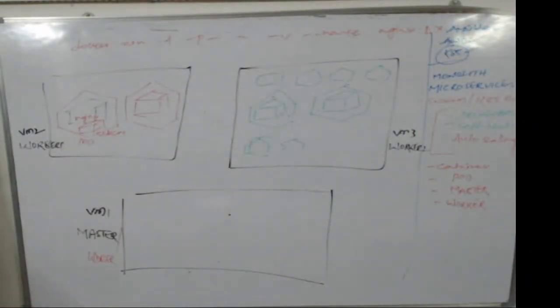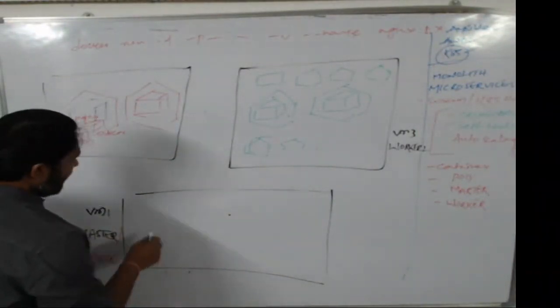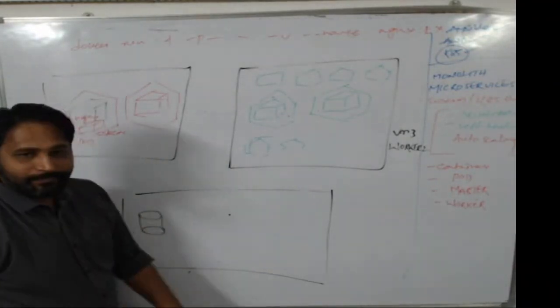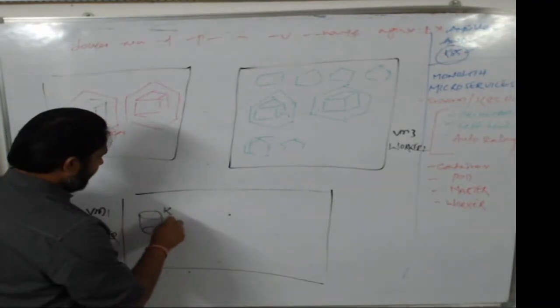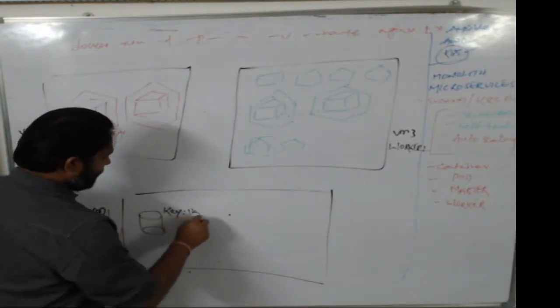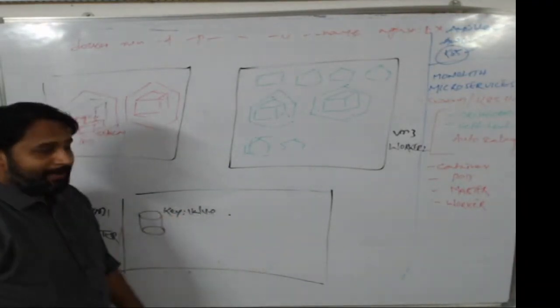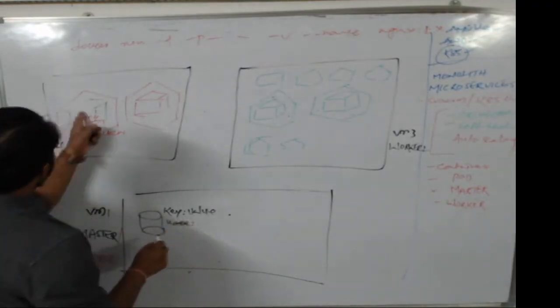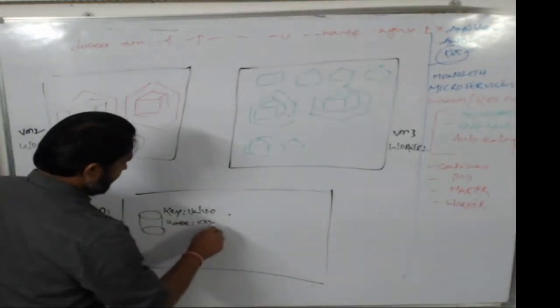Now the information of all these pods and the containers, everything is stored in a database on the master in the form of a key value. Key value, for example, name, pod name XXX.